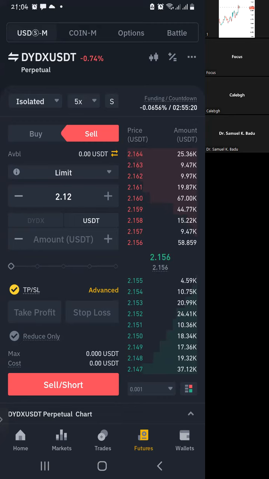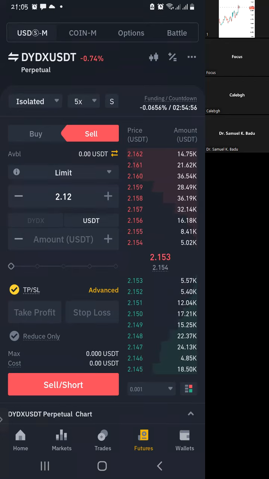But you need to understand that sometimes you see a trade call and we say sell short. Sell short means that we have seen that the market is likely to go down. And for the market to go down, if it is spot trading, you are going to lose money. But in futures trading, when you are selling short and the market is going down, you are making profit.